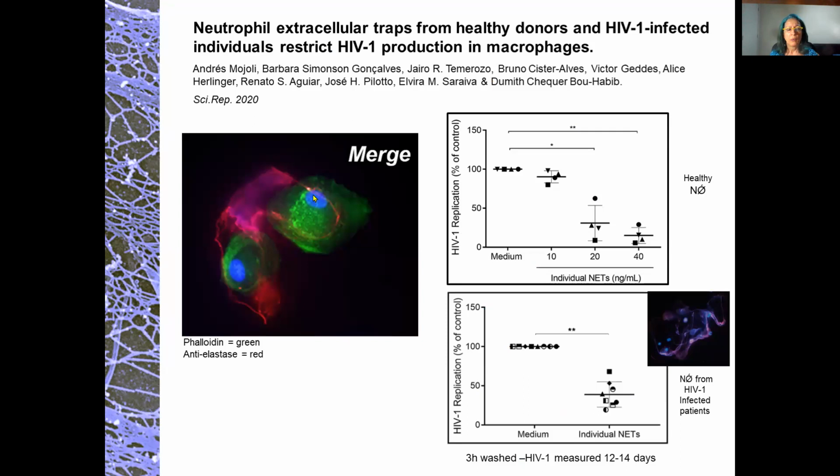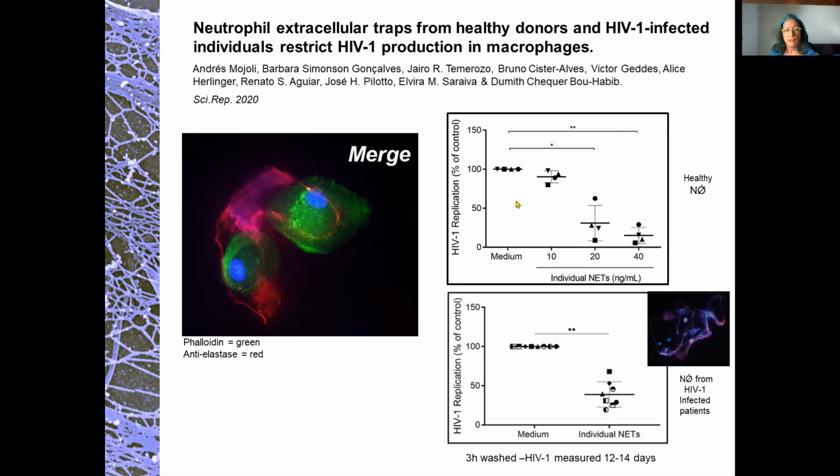We cultivate human macrophages, differentiated in vitro, infected with HIV, and then we add NETs, as you can see here. The macrophages are stained with phalloidin in green, and the NETs are stained with anti-elastase, and you can see that they are interacting pretty well.